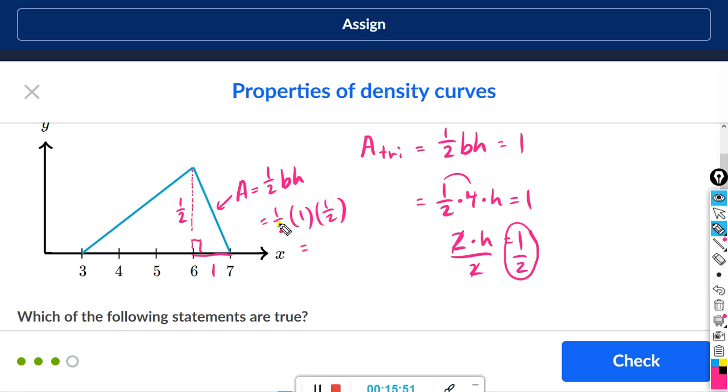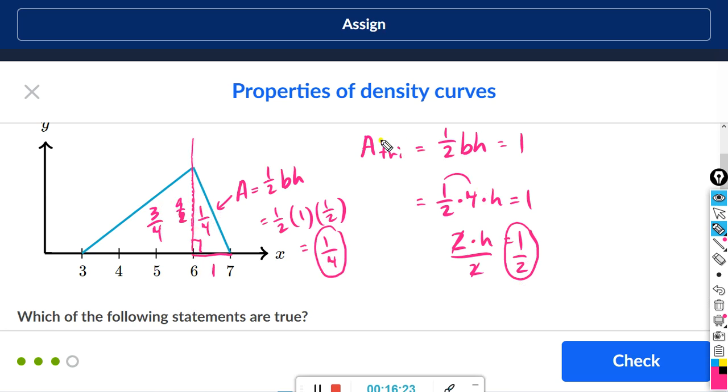So we have 1/2 times 1 times 1/2, which is 1/4. So the area of this triangle is 1/4, and the area of this triangle here would be 3/4. So there is no way that this could be the median, because it would have to divide the triangle into 2 equal halves.